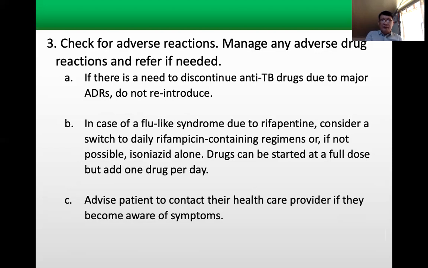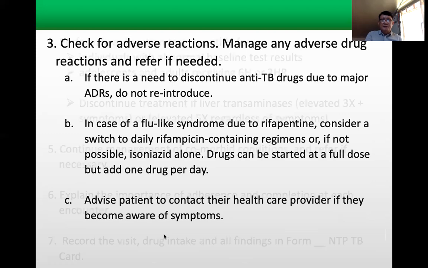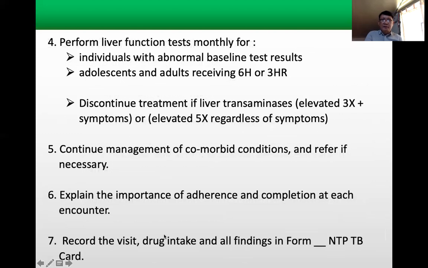Drugs can be started at a full dose, but at 1 drug per day. Advise the patient to contact their healthcare provider if they become aware of symptoms. Perform liver function tests monthly for individuals with normal baseline test results, okay, only for those with abnormal baseline test results.